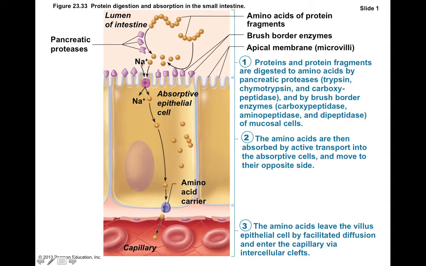Now, if you guys remember, sodium and amino acids can't normally just cross the plasma membrane because, for one, sodium has a big charge, and two, an amino acid is too large, right? So what you need then is a transporter protein within the membrane of these cells that can allow these things to flow down their concentration gradient into the cell, okay?